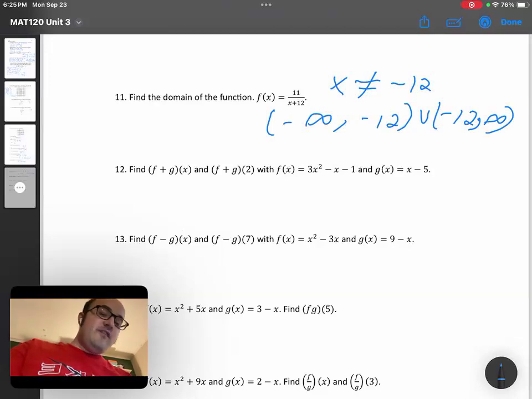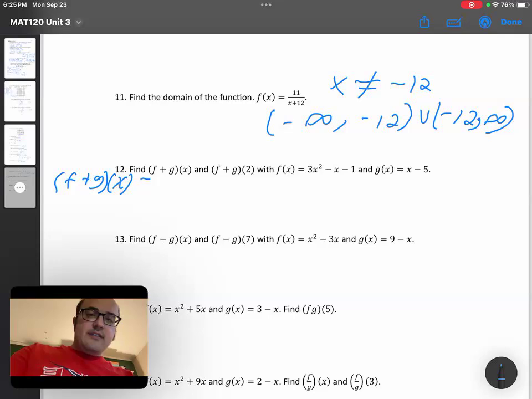Find f plus g of x and f plus g of 2 when f of x is 3x squared minus x minus 1, g of x is x minus 5. So f plus g of x is going to be 3x squared minus x minus 1 plus x minus 5.